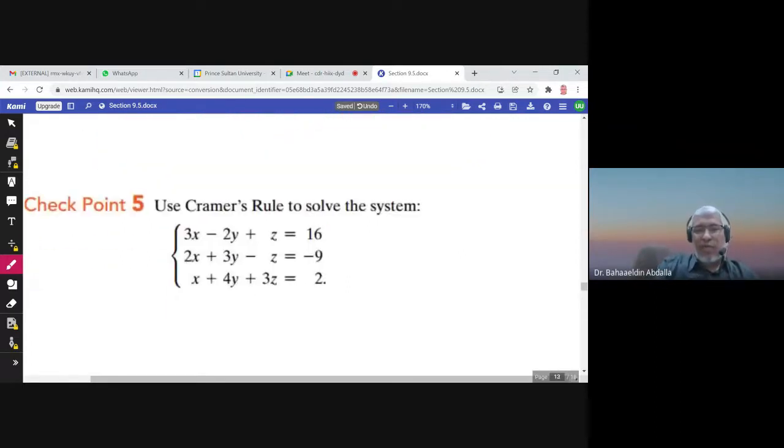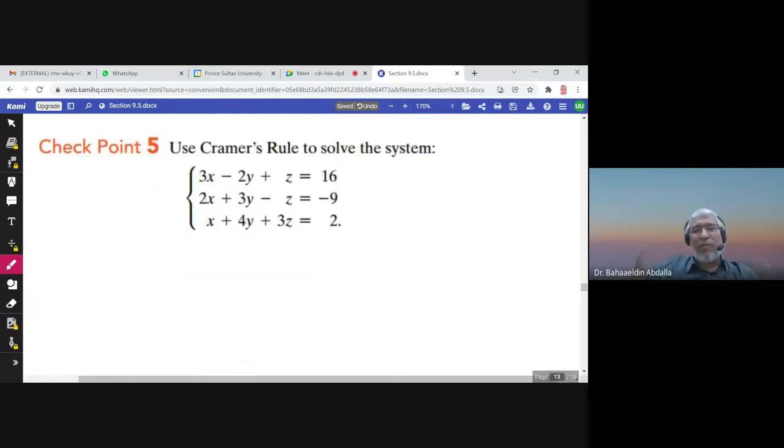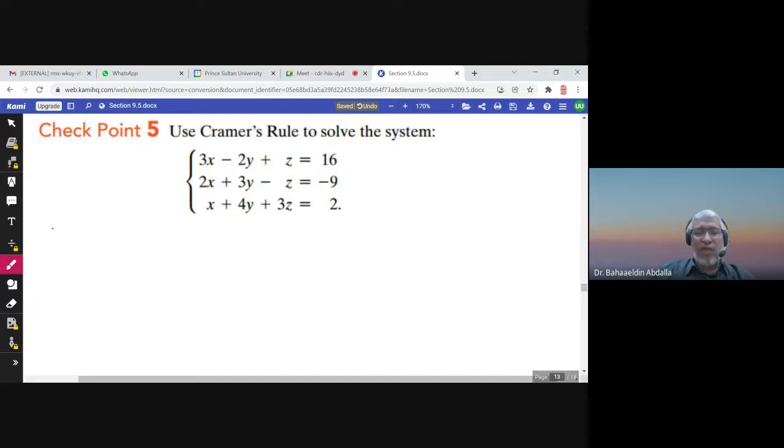I hope it's clear for you. I will leave this question for you. You find the determinant D, okay?